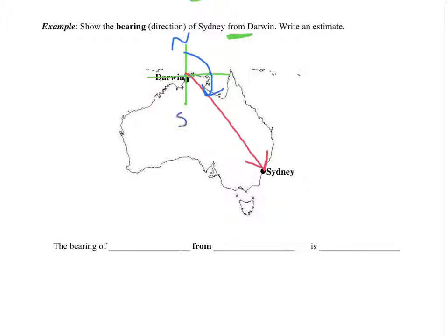There's north, there's south, east, and west. Okay. Now remember that north is 0 degrees. East is 90 degrees. South is 180 degrees. So we've got an angle somewhere between 90 and 180.